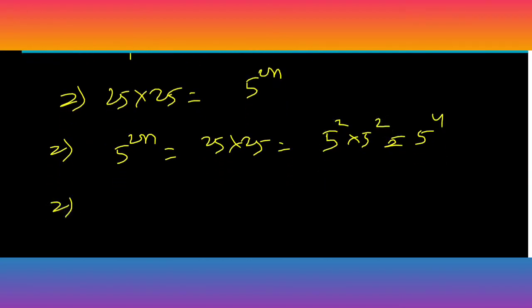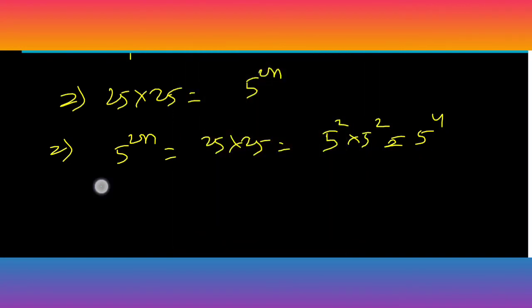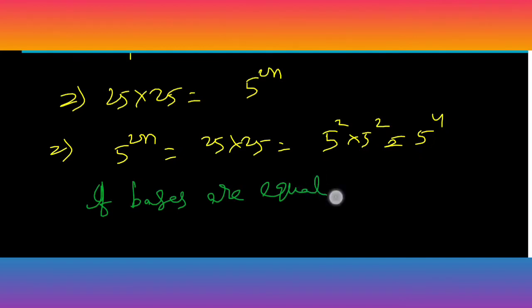See, we know now, suppose if bases are equal, this is one identity: if bases are equal, then powers are also equal.